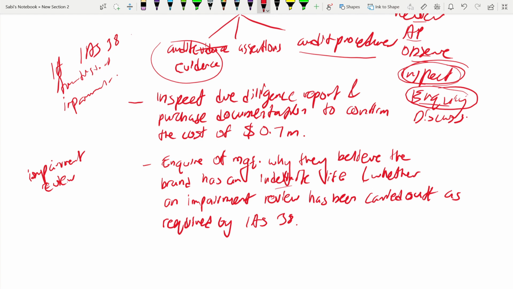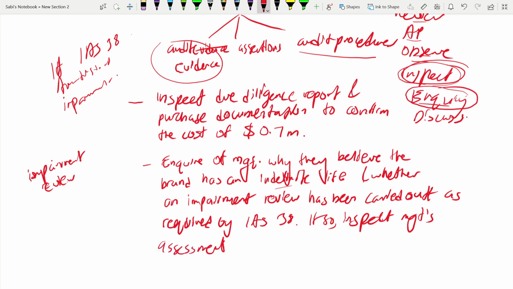Okay, if that is the assumption that it has an indefinite life, you have to inspect the management's assessment also. If so, inspect the management's assessment, because they have assessed for impairment.